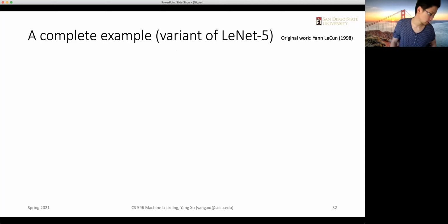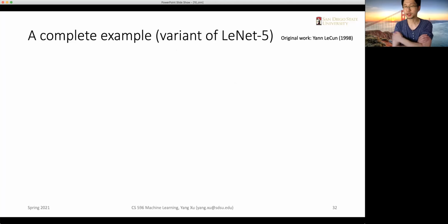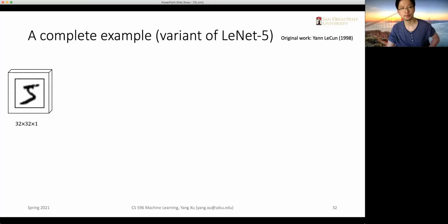Before we enter the next section where we introduce some actual networks, we're going to go through a variant of LeNet-5, using the convolutional layer and the pooling layer as an example. The original work that Yann LeCun proposed is based on handwritten digits, which is a well-known data set nowadays, and it's a very small input, like 32 by 32 by 1.